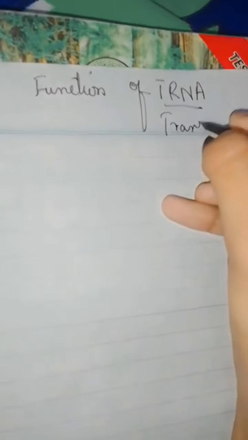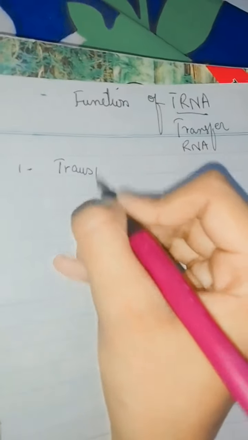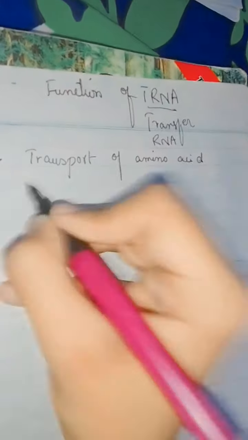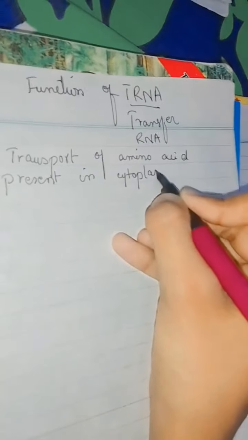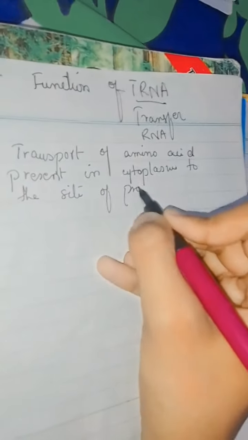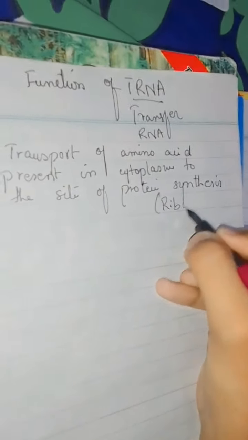Now if we talk about the function of tRNA, that is transfer RNA, the first function is the transport of amino acid present in the cytoplasm to the site of protein synthesis, that is the ribosome.